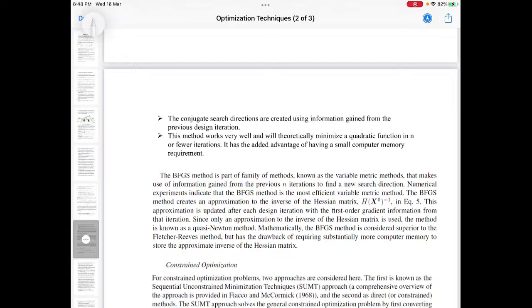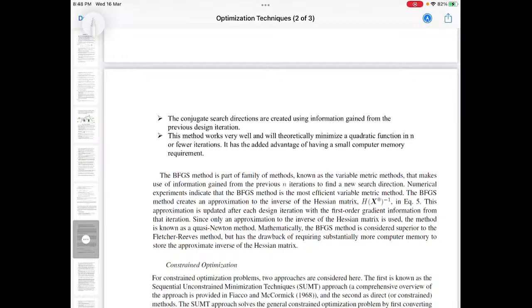In the previous design iteration, the information is obtained, and it is used to create the conjugate search direction. This method works very well and will theoretically minimize a quadratic function in n or fewer iterations. It has the added advantage of having a small computer memory requirement.